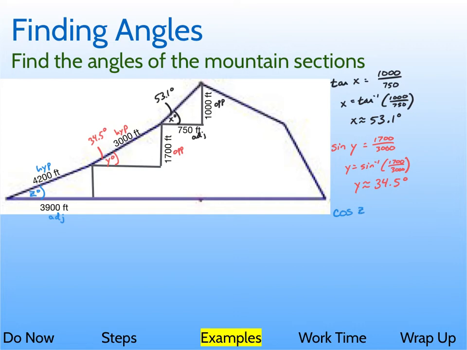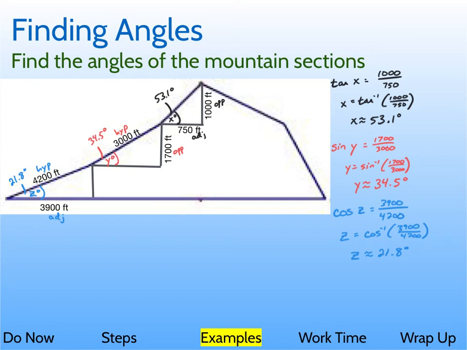So cosine of z equals 3900 over 4200, which means z equals inverse cosine of that same exact fraction. So you get out your calculator, and you get about 21.8 degrees, which again is the lowest, and that's kind of what we expected just looking at this thing.